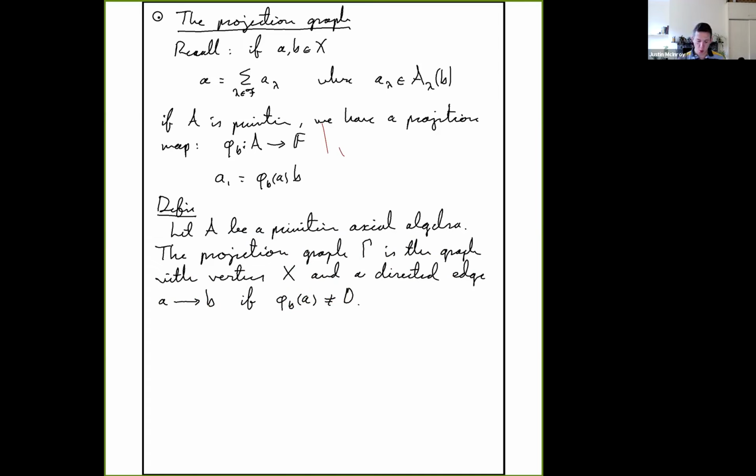So this is just recording when we have a non-zero projection of one axis onto another.